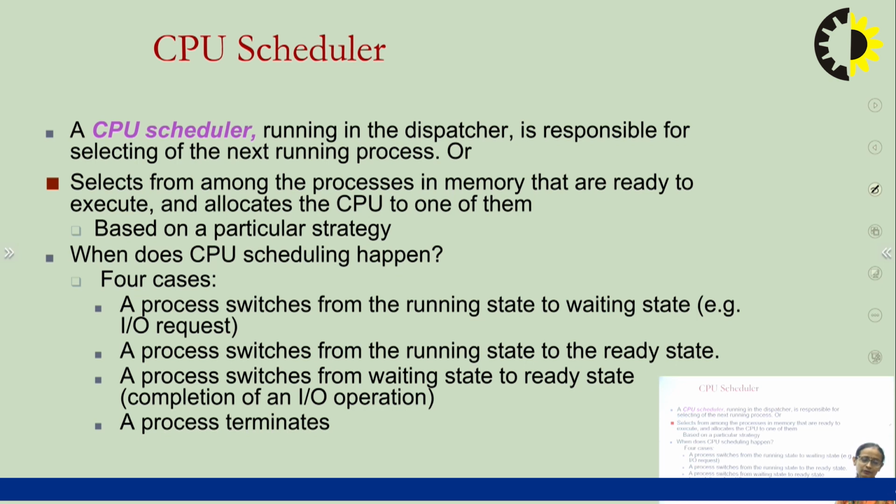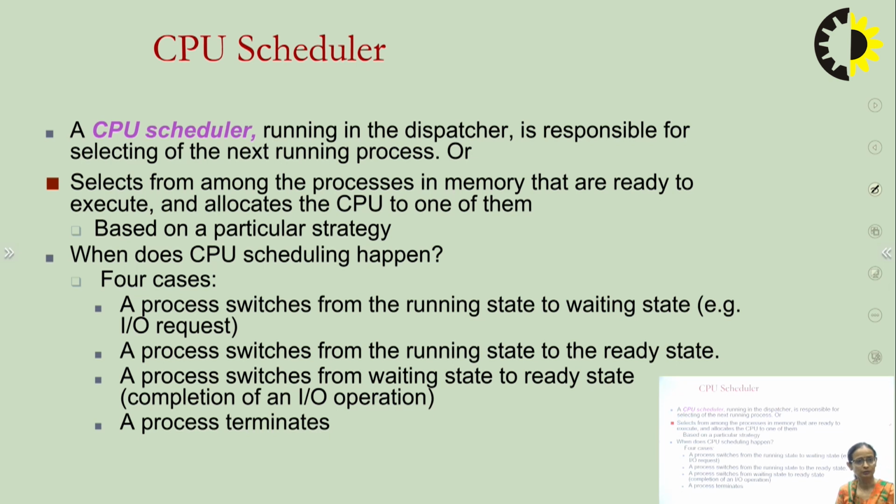Whereas in the case of non-preemption, once you have allocated the processor to your process, the process will leave the processor only when there is a requirement on its behalf and not a requirement by the OS.